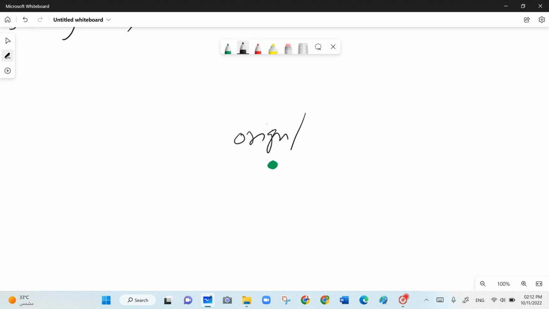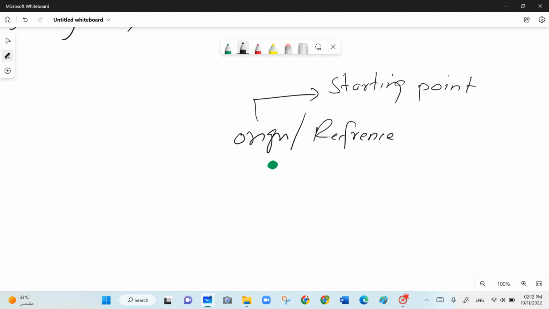Origin also means the starting point, meaning from where we start the measurement. It is also the reference point or reference level, from where we start our measurement of anything. Like here we will talk about distance.